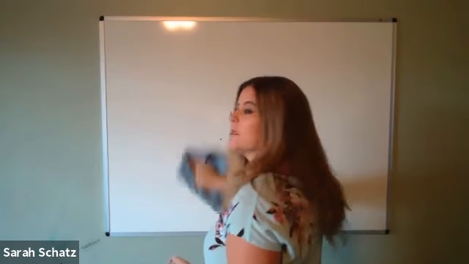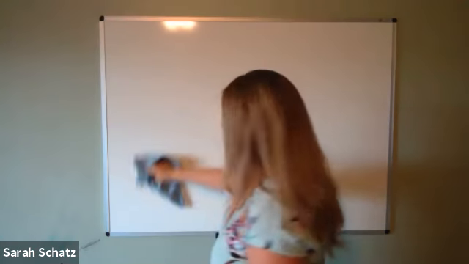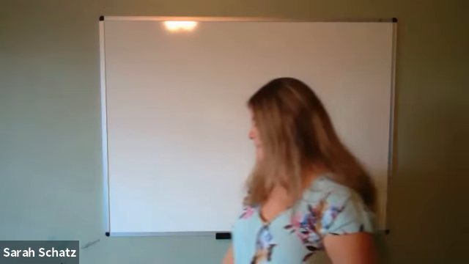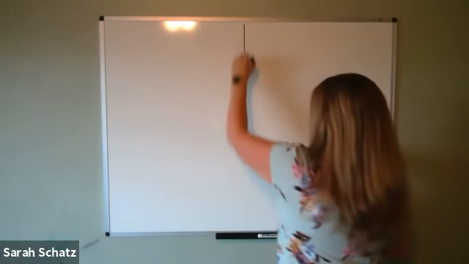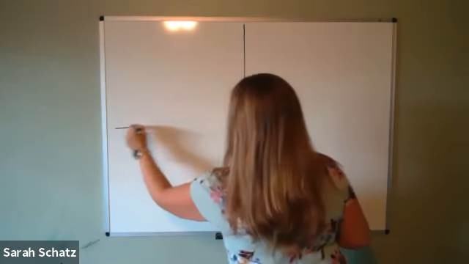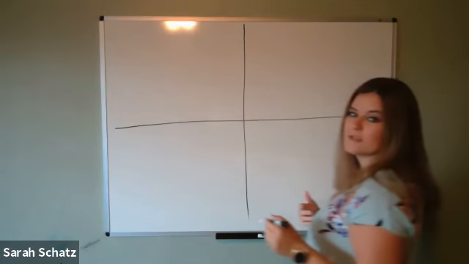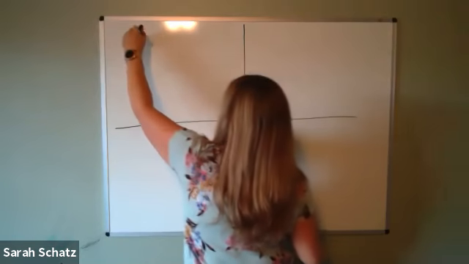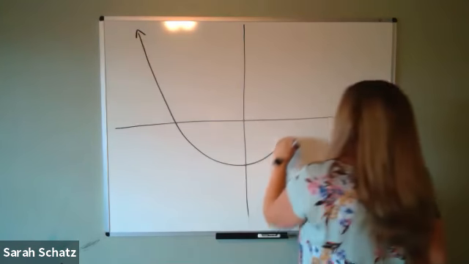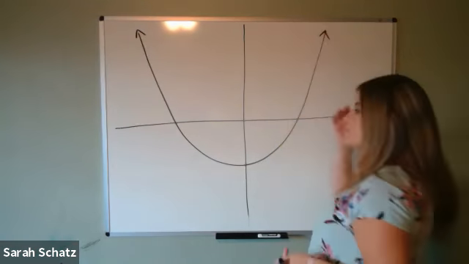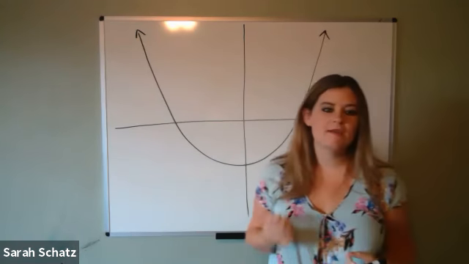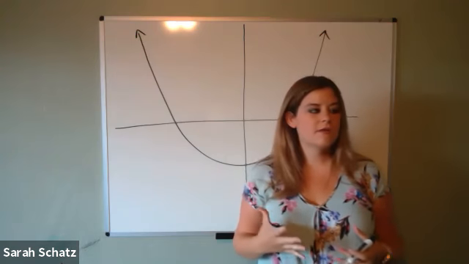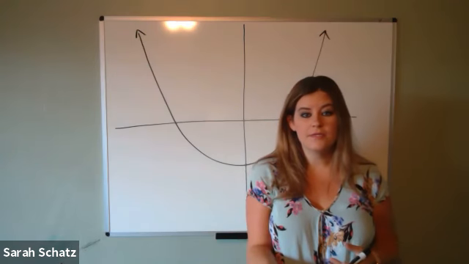Now I'm going to draw this picture a little bit larger. I'm going to try to take up as much board as I can because I'm going to change some things as we go. You guys, I am going to stick with the simple quadratic. So you've got your function and you pick your A and B. Notice the average rate of change is always just going to be a slope between 2 points.